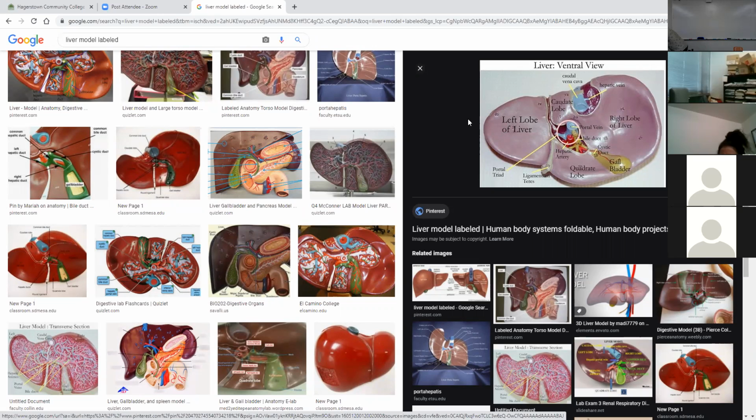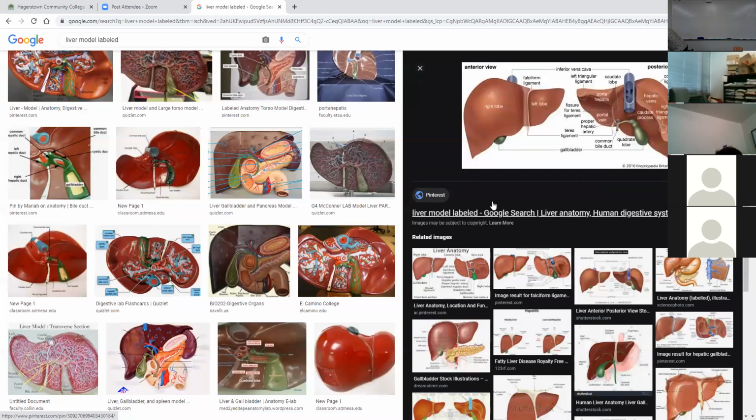We really should look at this, like I said, inferior aspect. You should also know the anterior aspect or the ventral aspect of the liver. And this being right lobe, left lobe, and this is the falciform ligament behind here. And again, ignore this.